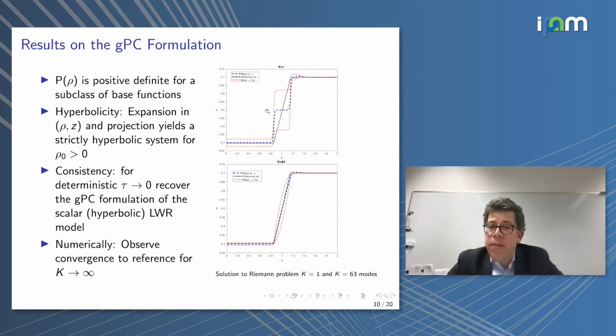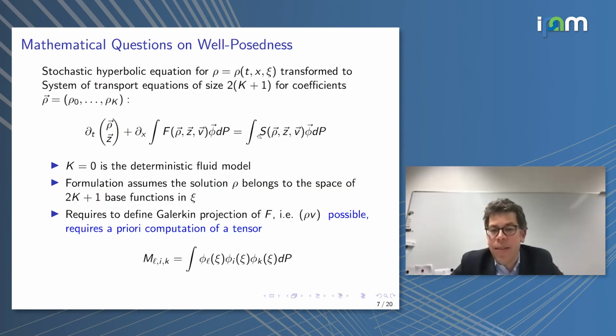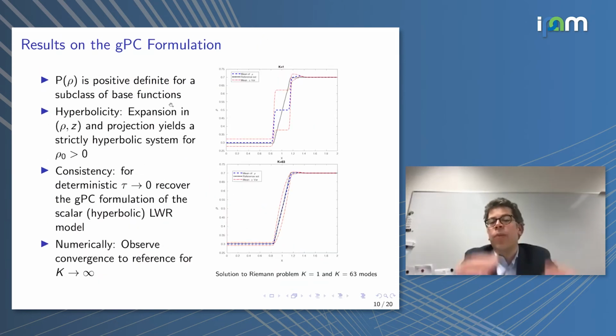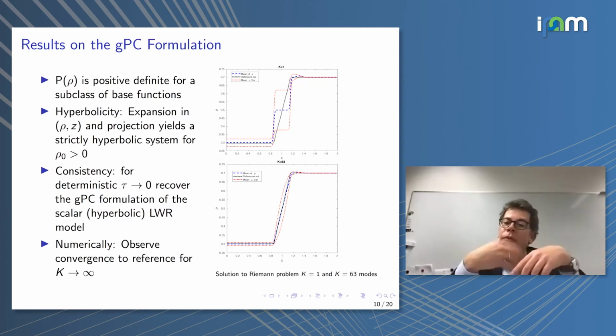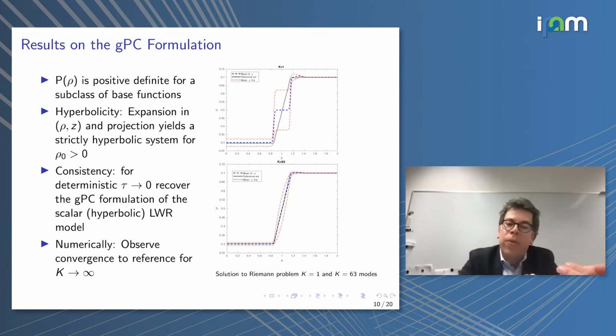And finally, a further picture. What we haven't proven so far is, of course, that I said in the beginning that we have a truncated series, so you would like to converge for k to infinity to the true solution, and so you would like to show this convergence. At least numerically, what you can see is this picture for an expansion with only two modes, K0 and K1. Here is the reference solution in black in the middle, and then you have the mean in blue and the variance around that in red.